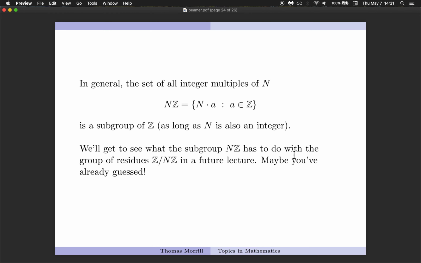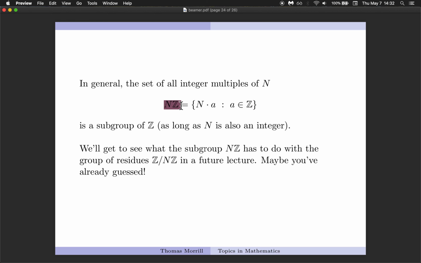In general, if I'm looking at all the multiples of some integer capital N, I'm going to give that a set name of capital N times bold Z. And what I mean here is just look at the set of all multiples n times a, where n is my fixed integer I picked up here, and a can be any possible integer, right?